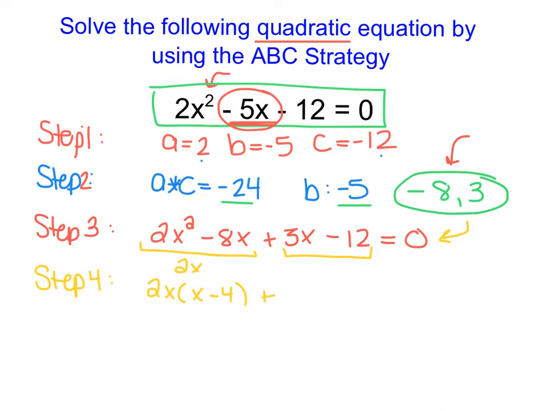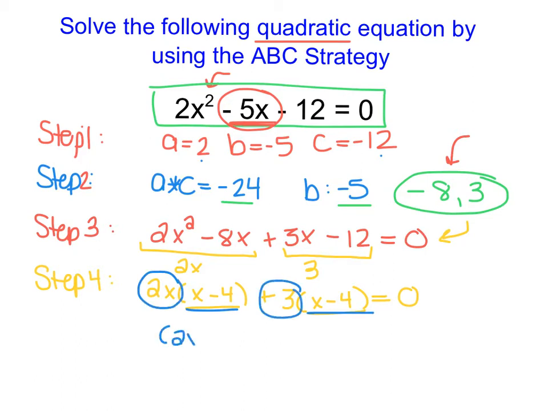Then from here, I want to get the parenthesis parts to match. So if we factor out a 3, we'll end up with x minus 4 in our parentheses as well. So since we have two matching parenthesis parts, what we can do now is we can group the coefficients of 2x and 3 together.